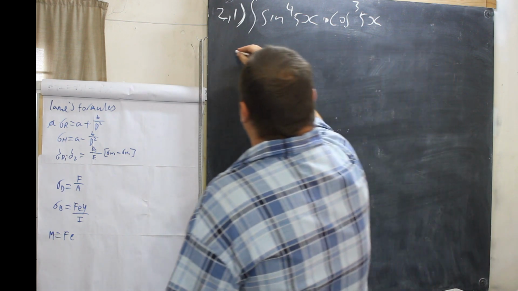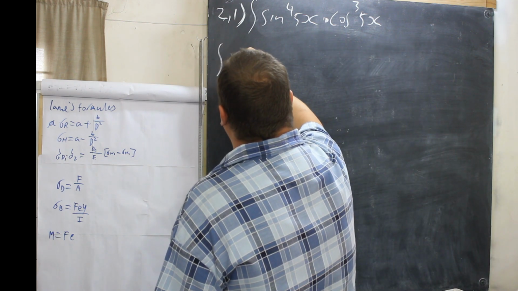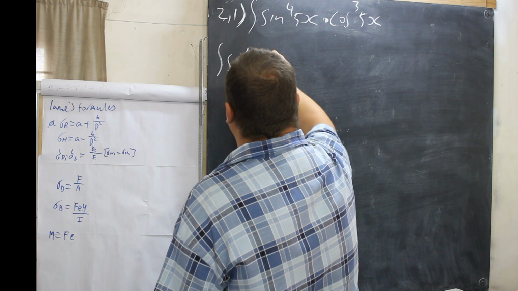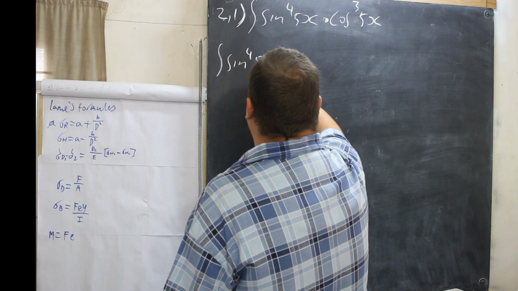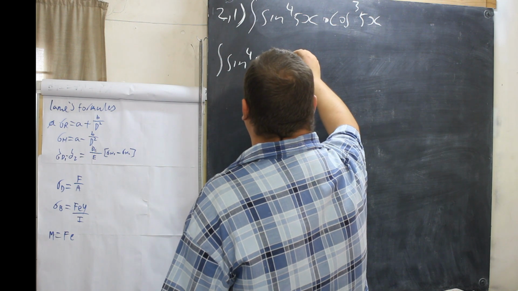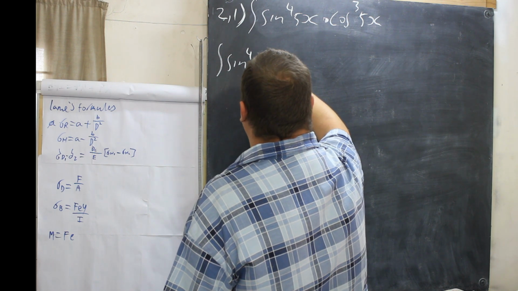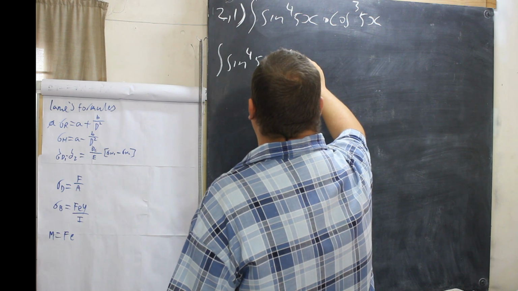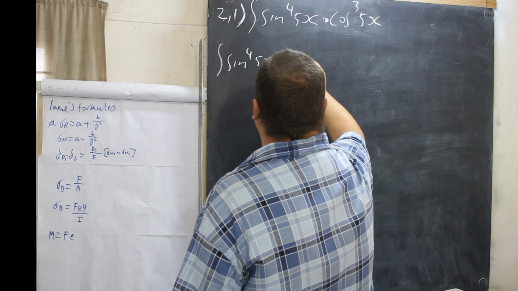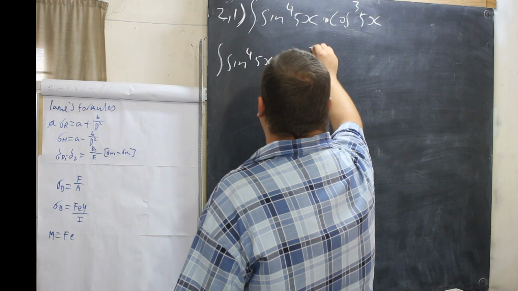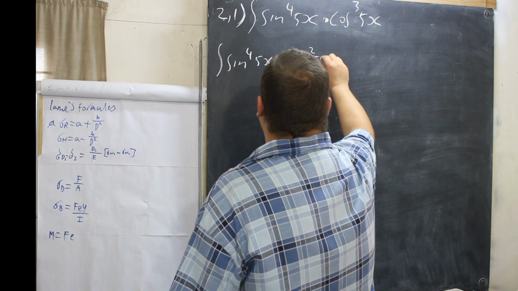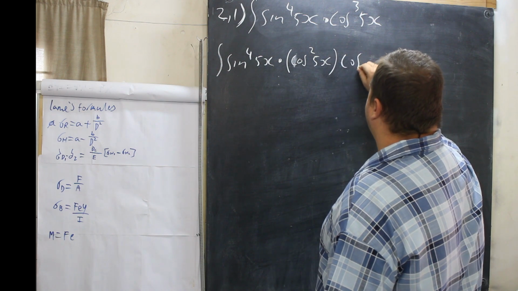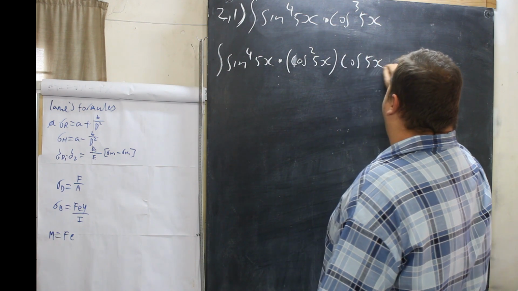So, we're going to say sin^4(5x) multiplied by cos^2(5x) times cos(5x).